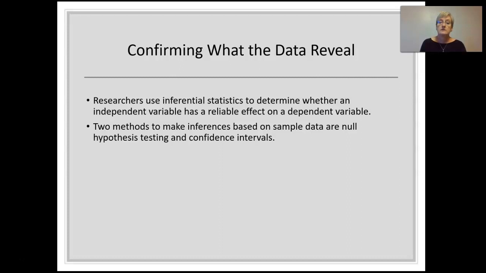There are two methods that we can use to make inferences based on our data. We can use null hypothesis testing, and that's what we typically do in research in psychology. We can also use confidence intervals, and I will be transparent: in my training, the focus was very decidedly on null hypothesis testing, and not so much on confidence intervals.